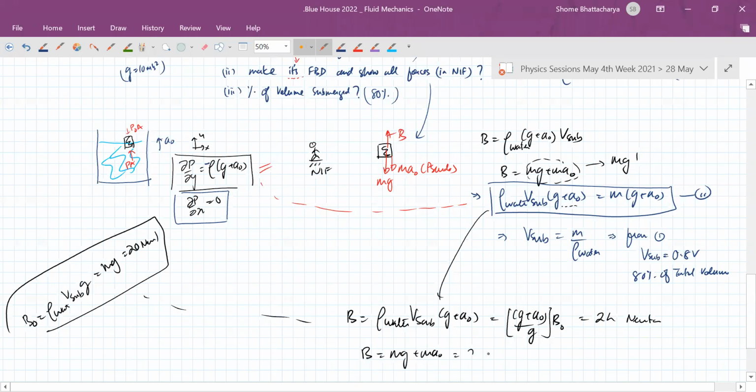This is again 20 plus. So you can think of this thing like the apparent weight. So the apparent weight increases to 24 newtons. Buoyant force also increases to 24 newtons, but it doesn't change the fraction of volume submerged because buoyant force's formula is also changed by the same relation, g plus a naught. Okay, understood now? So this is the important concept over here.